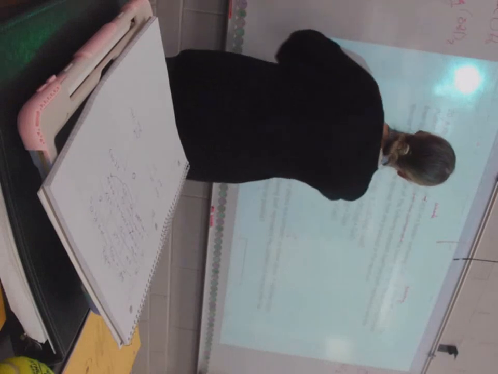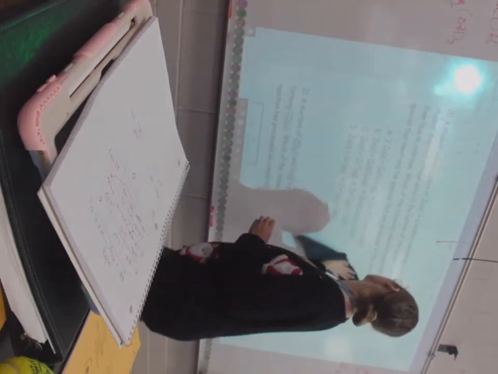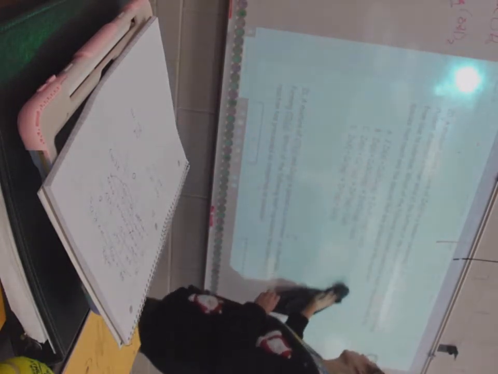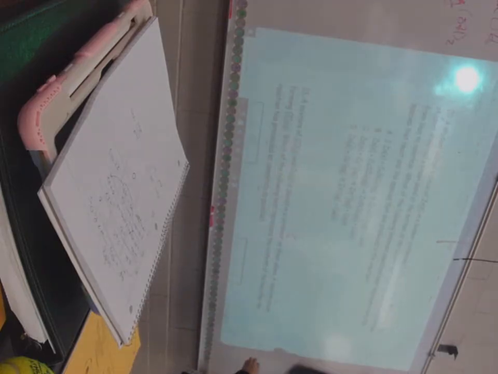A student places a piece of zinc solid into a beaker containing copper sulfate aqueous. After 45 minutes, the student observes a brown solid at the bottom of the beaker and that the solution has turned from blue to colorless. Okay, a couple things.